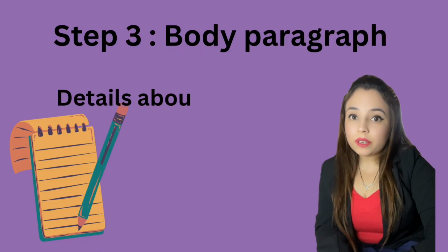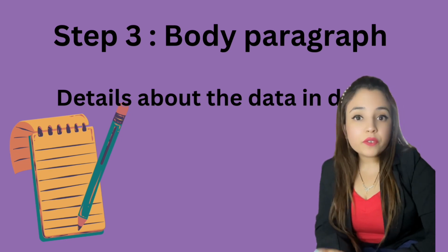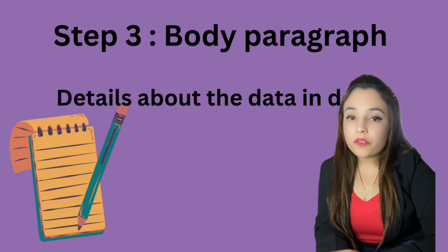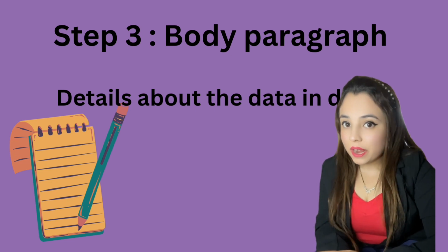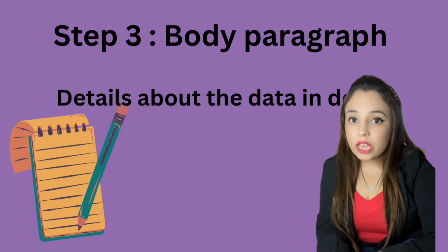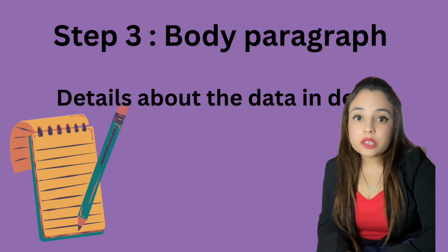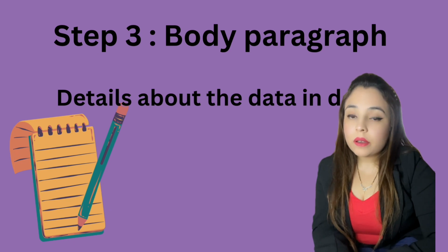Your step 3 talks about the body paragraphs. Don't confuse yourself between the overall and the body paragraph. Overall just defines the crux, but the body paragraph defines the detailed information about the task. Here you can mention each and every detail that you have understood from the task so far. It is very important to add variations while writing your task 1.